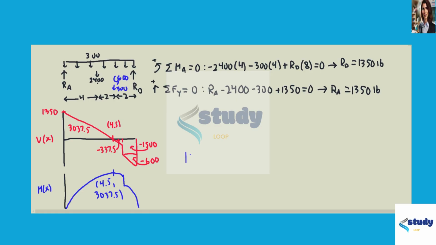All right, so M max, and we'll give that 3 significant figures. So we get 3.04 kip-feet, and that will be 4.5 feet from our point A.